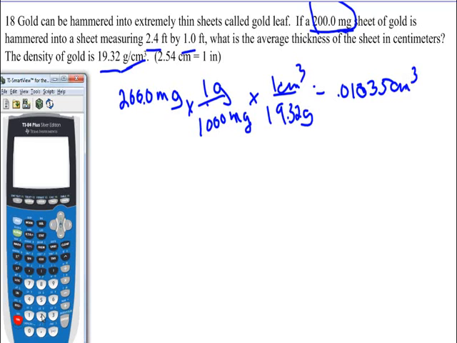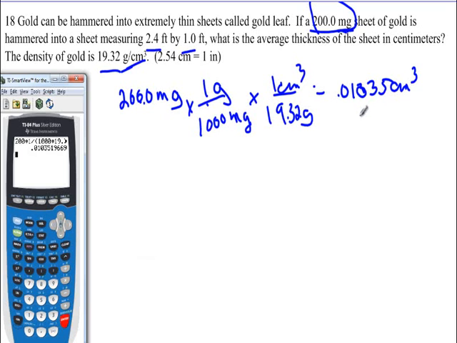I'm going to take my 200 times 1, divide that by 19.32 in parentheses, so it's divide by 1,000 times 19.32. I close my parentheses, hit enter, and I get 0.1035196. Okay, I've got 4 sig figs here.